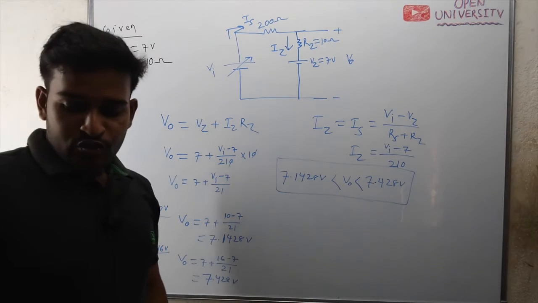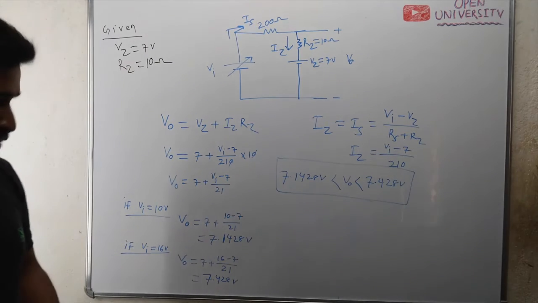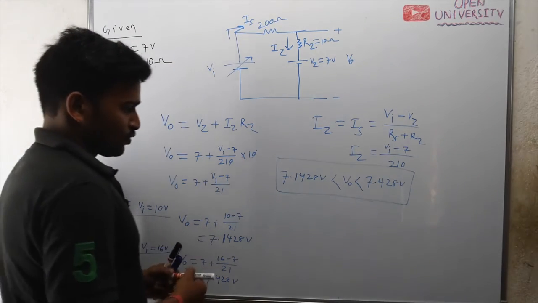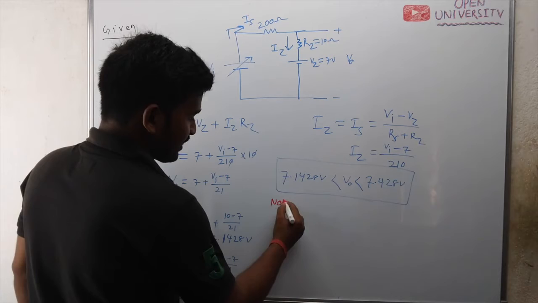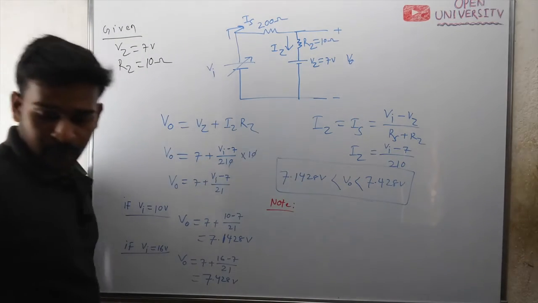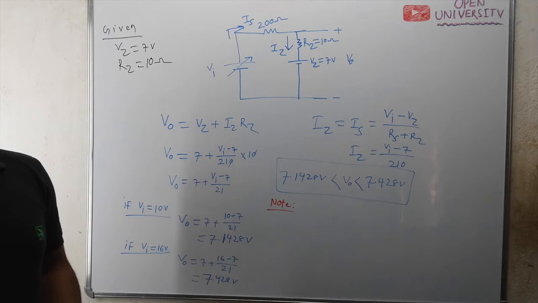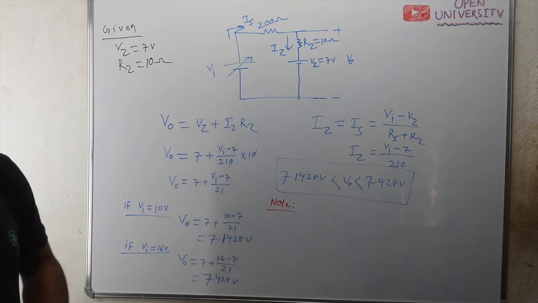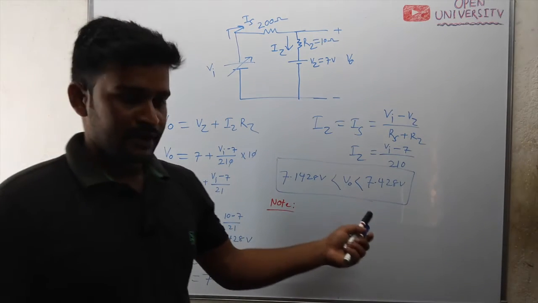Note: if the Zener diode has non-zero RZ, then the output voltage can vary by a small amount.